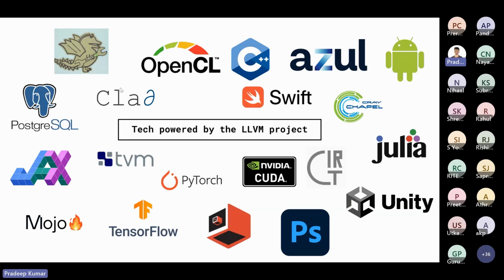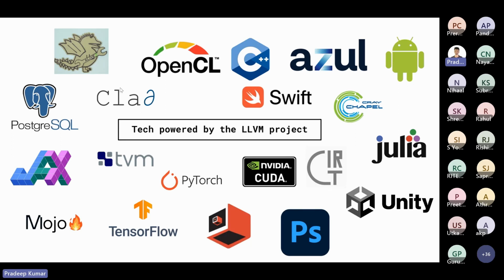I also want to talk about Unity. Unity has a compiler called Burst, which compiles .NET bytecode to x86, and it has its own tuned pass pipeline to be used in a game engine environment. So if you're using Unity, you're already using LLVM. One of the early users of LLVM is NVIDIA CUDA.